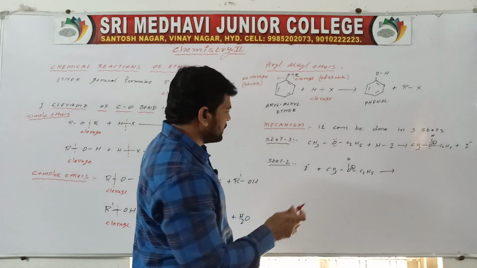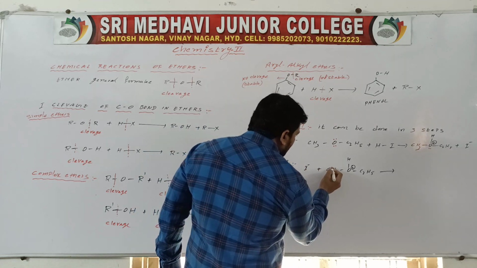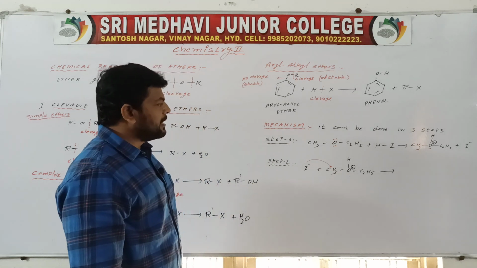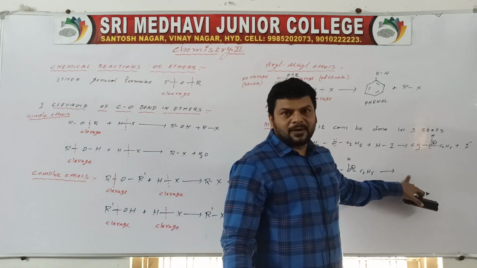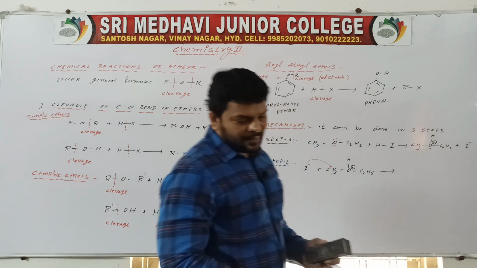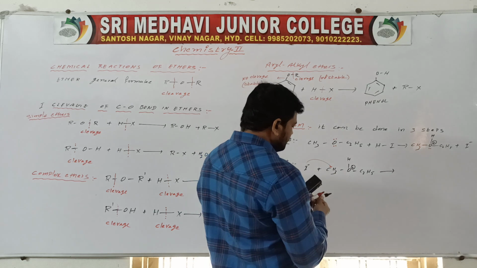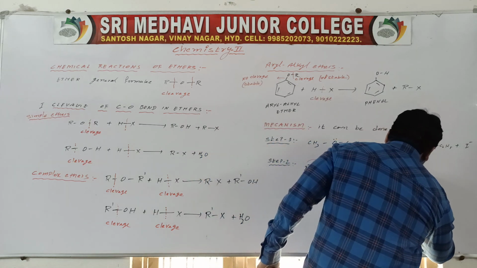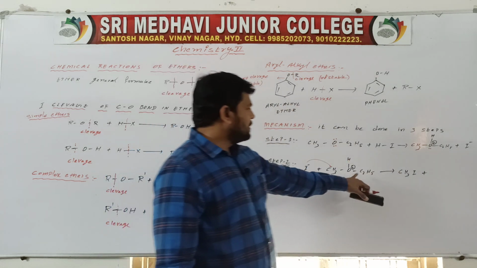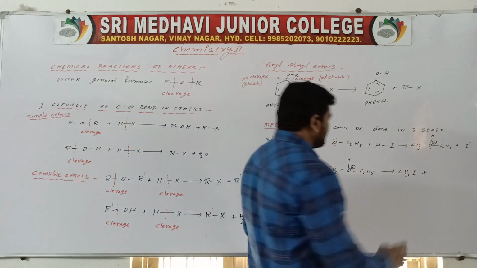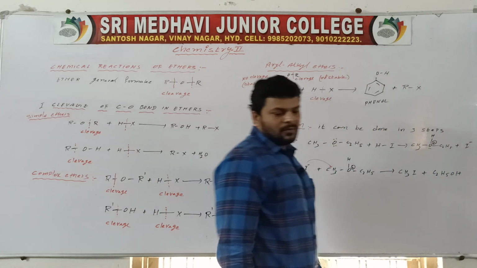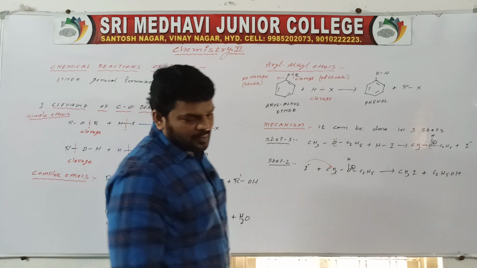So here CH3 is attached to I. Then what happened? CH3I is formed. Then CH3I plus the alcohol C2H5OH. Alcohol is formed.